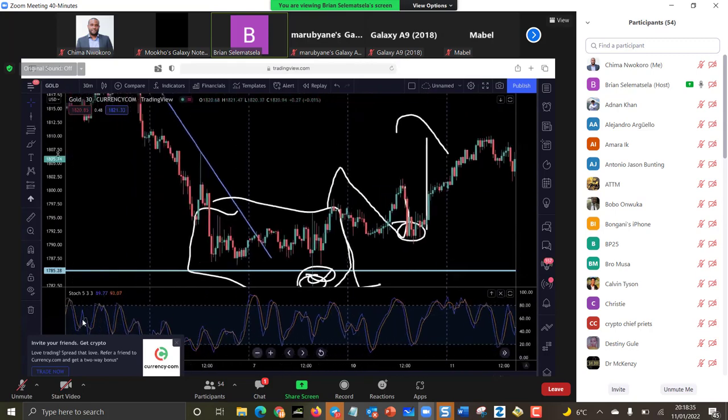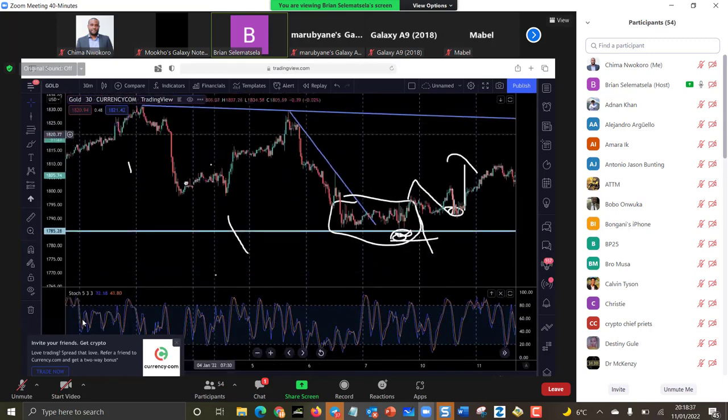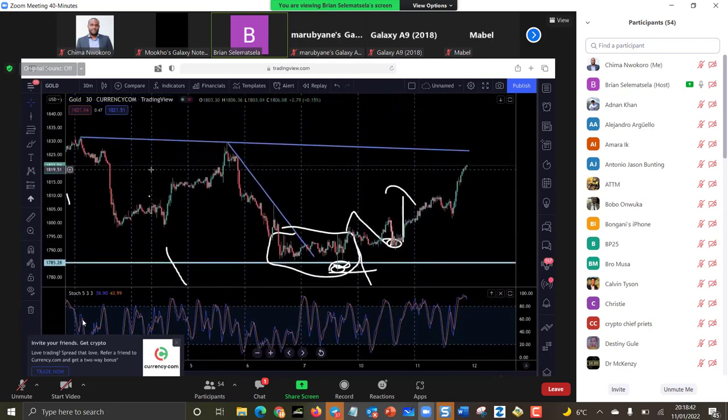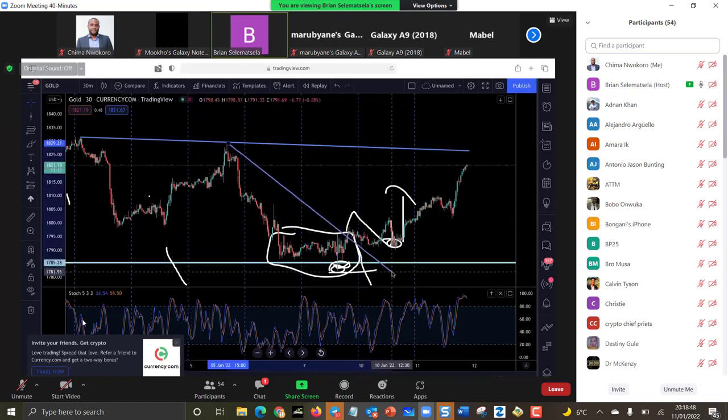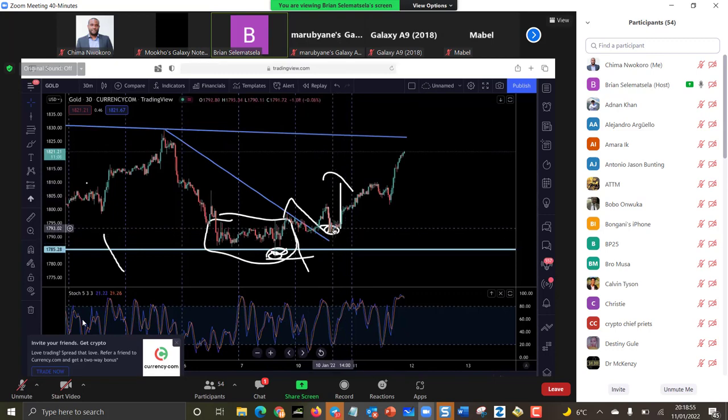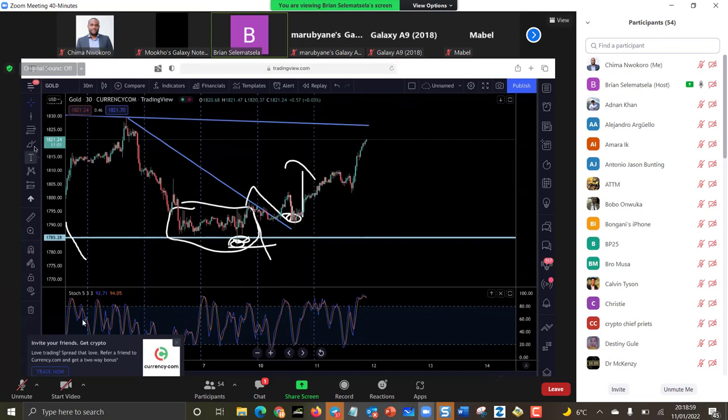So I analyzed this gold with you guys. And from there, I think this line was supposed to extend until here. And from there, we saw an opportunity to buy here. I think it was here.